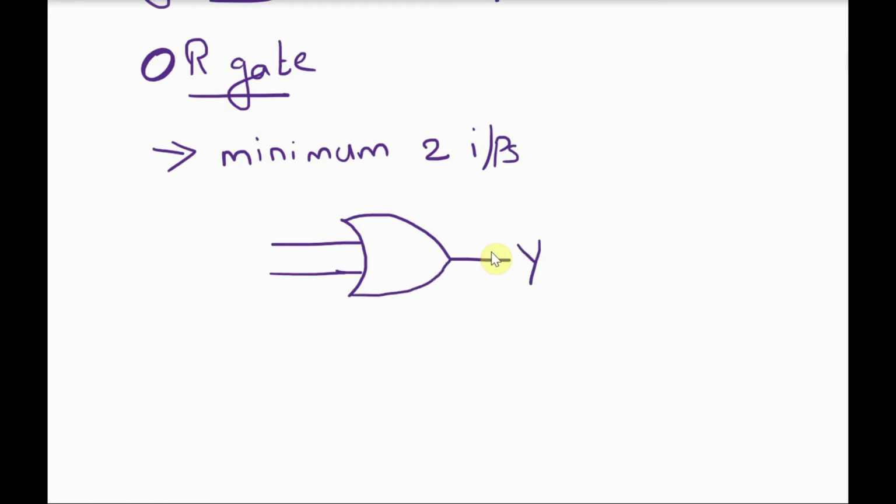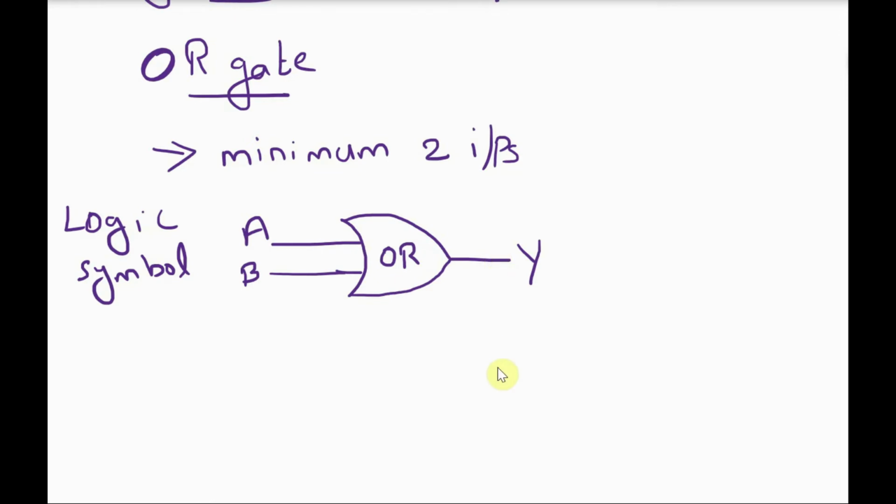We have an output and 2 inputs. We should have minimum 2 inputs, and this is the logic symbol. We can have any number of inputs. We can add one more input here and write it as C. So, minimum we need 2 inputs to perform the OR operation.